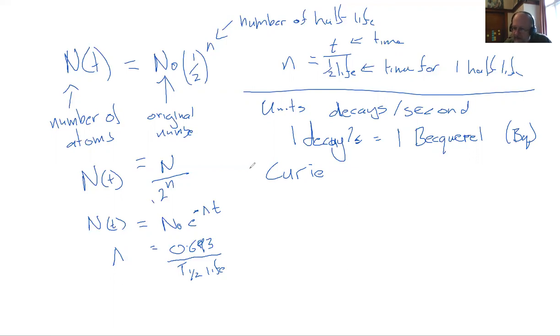Now, 1 Curie equals 3.7 times 10 to the 10 becquerels. And that is a lot of radiation.